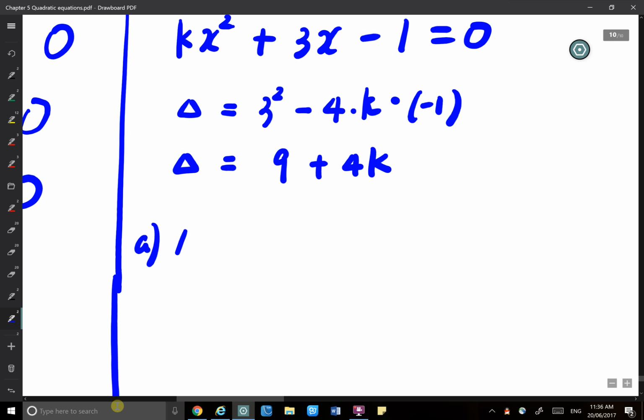Okay, in A, I want no solution. No solution will give a discriminant less than 0.